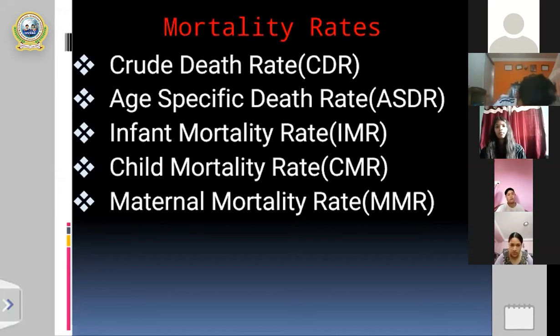So altogether there are 5 ways to calculate mortality rates. Now, one by one, we are going to discuss the different ways to calculate mortality rates with their formula and with examples.